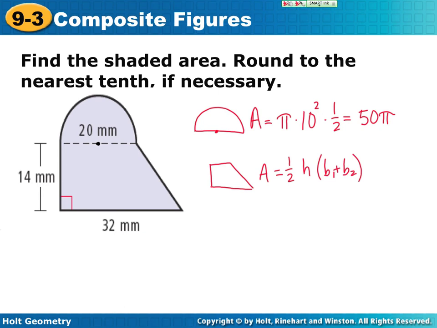Okay, the bases, 20 and 32. The height, how far perpendicular between the parallel bases? 14. And we have to get the 1/2 in there. Half of 14 is 7 times 52 is 364.